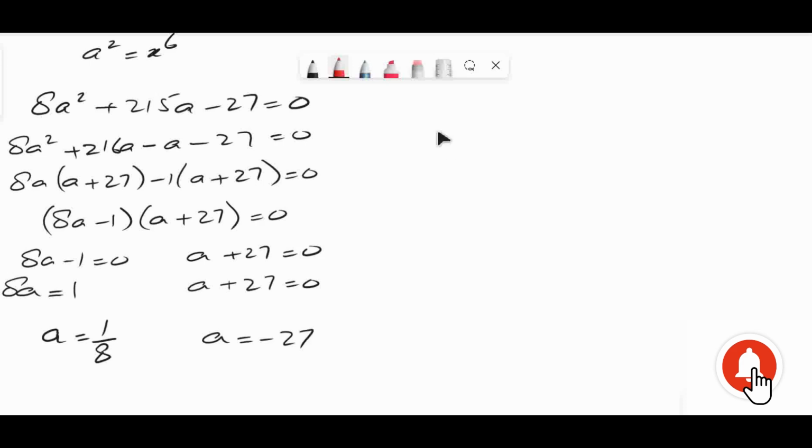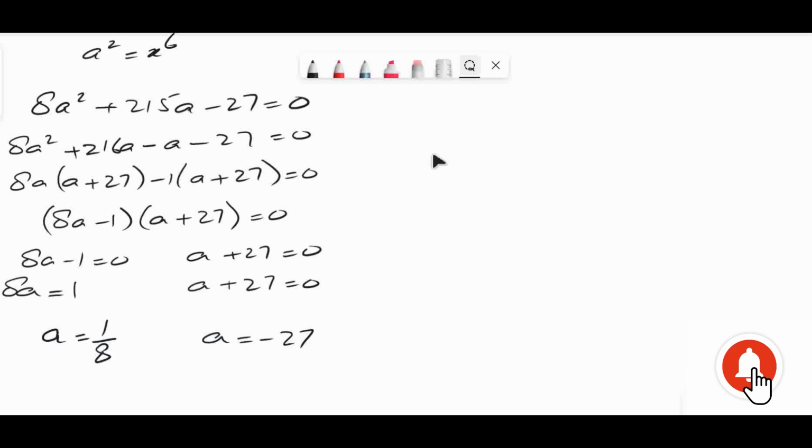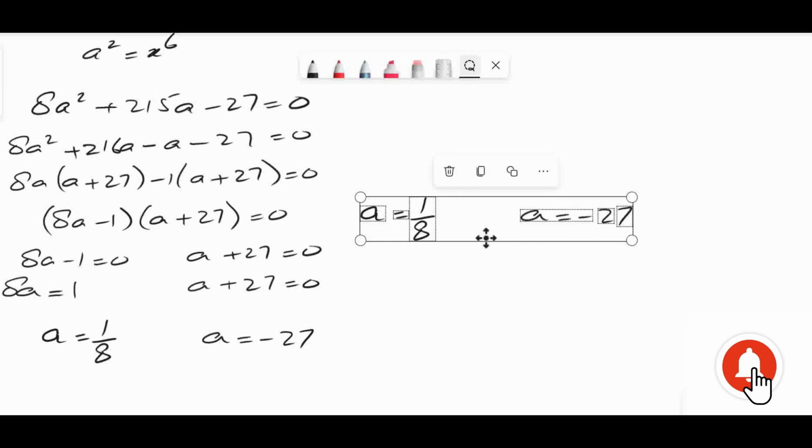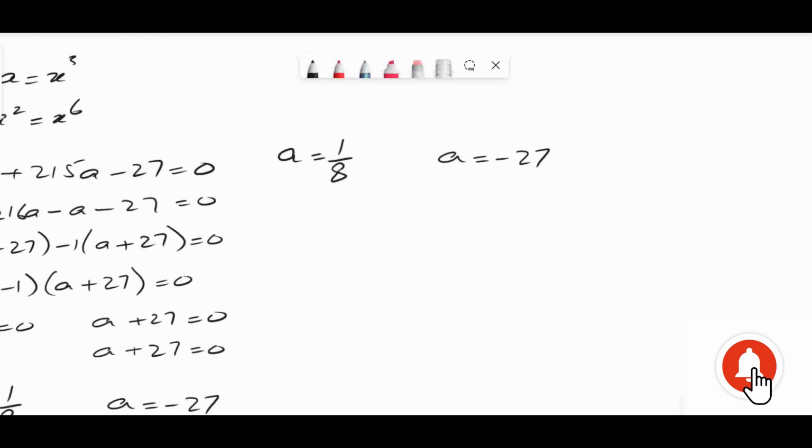Let me copy it and paste it over here. So a equals 1 by 8 and a equals minus 27.